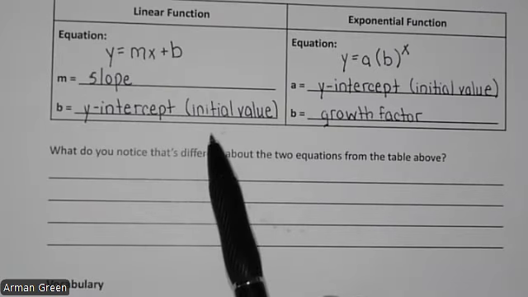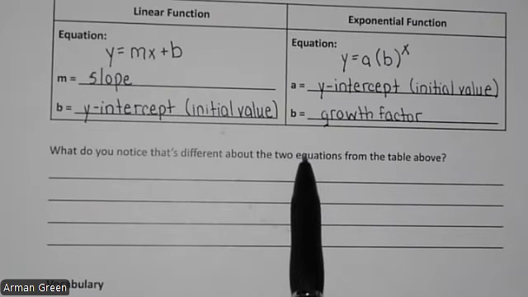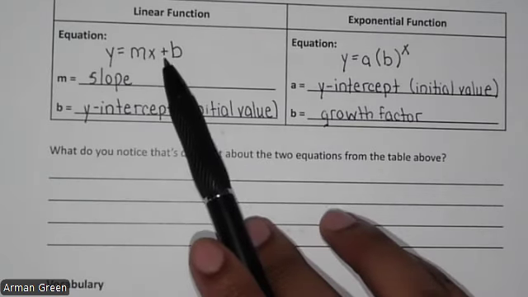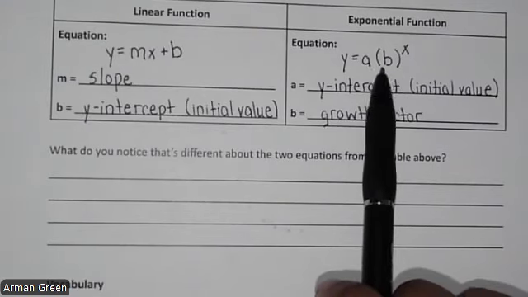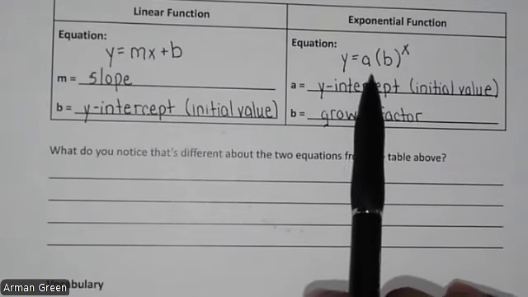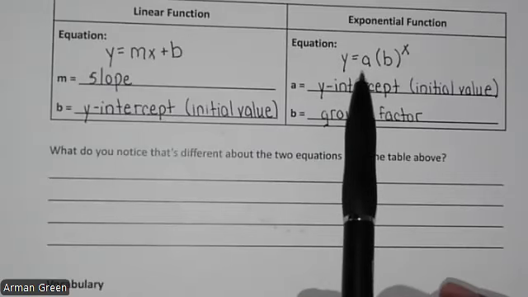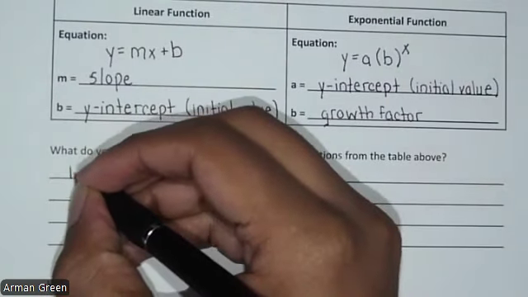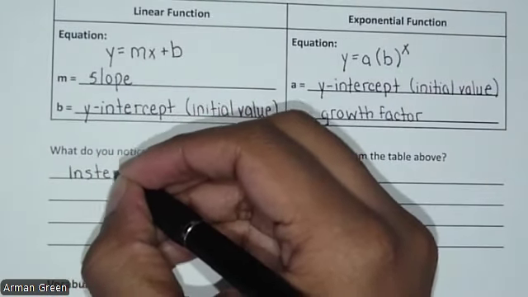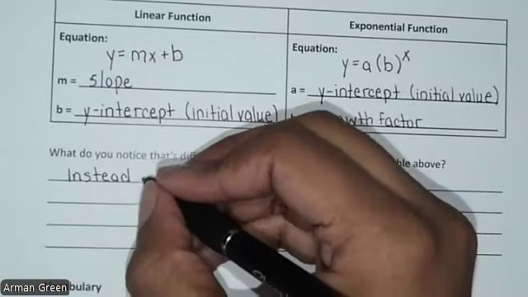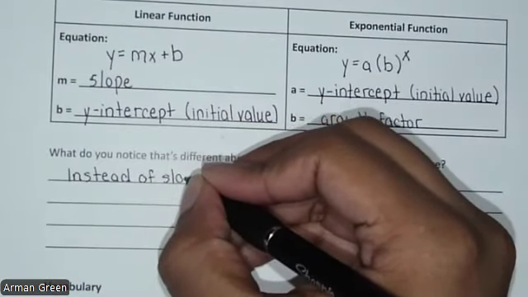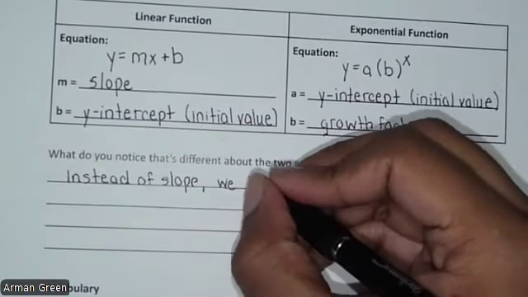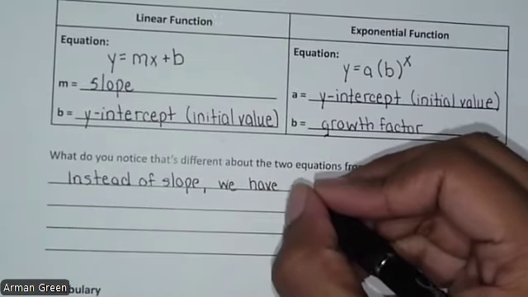But we do have some differences between these two functions. One difference is that the linear function has a plus sign, and in your exponential function, you don't have that. That's just something you can see right off the bat. But instead of slope, what we have for exponential functions is growth factors.